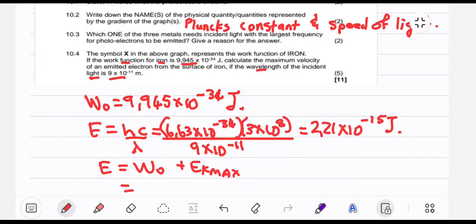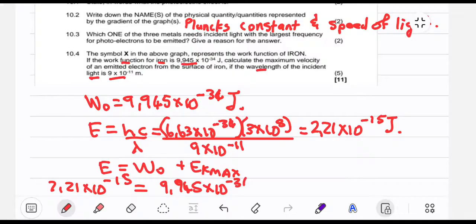So from there we have 2.21 times 10 to the negative 15 equals 9.945 times 10 to the negative 34 plus EK max.